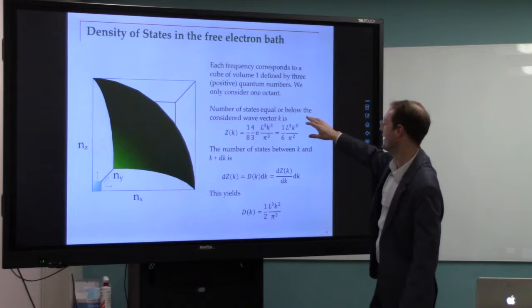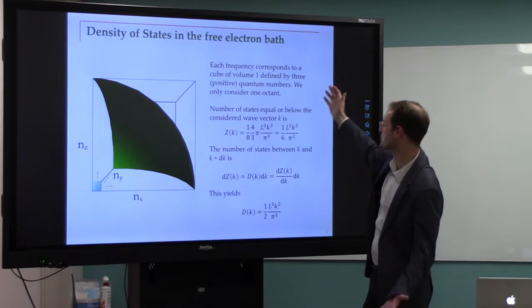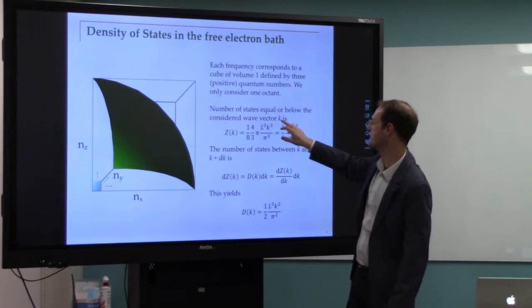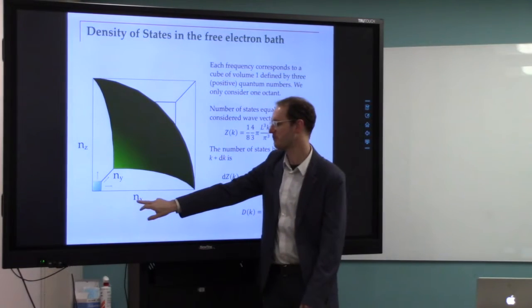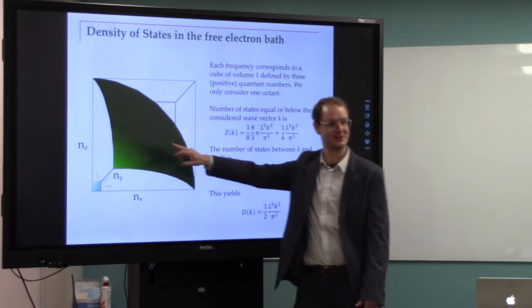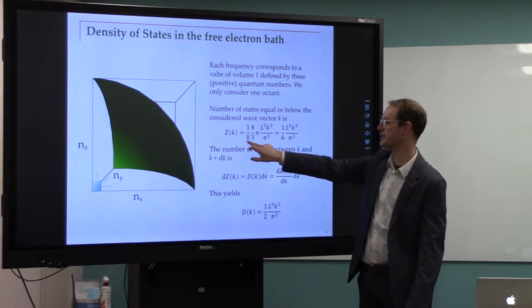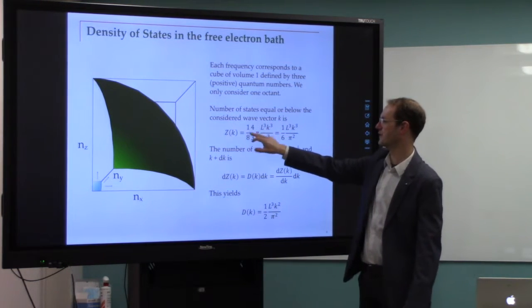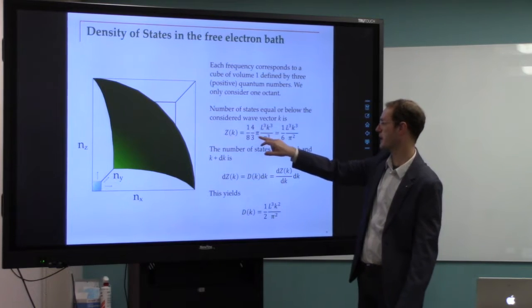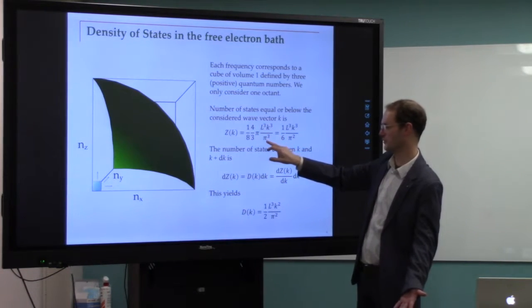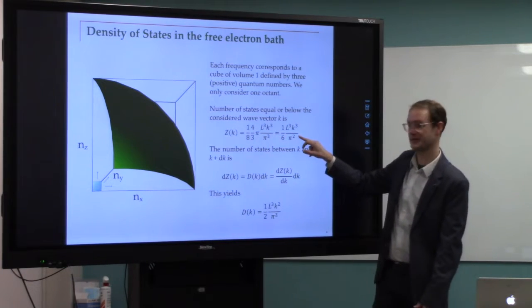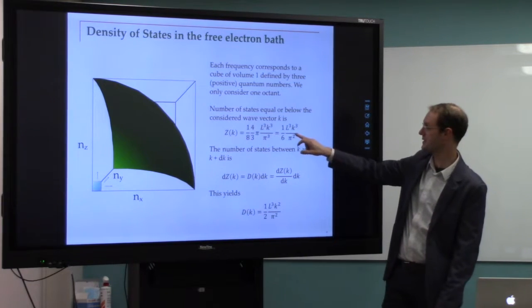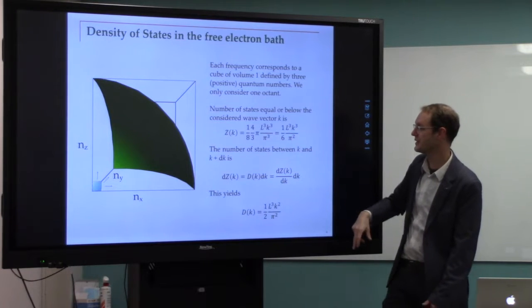And so the total number of states equal to or below a certain wave vector k is, you're only allowed to have positive values of n, so we just take 1 octant, so 1/8 of the volume of this sphere, 4/3 pi times L cubed k cubed over pi cubed. And so if you simplify this expression, you get this expression here, 1/6 L cubed k cubed over pi squared.